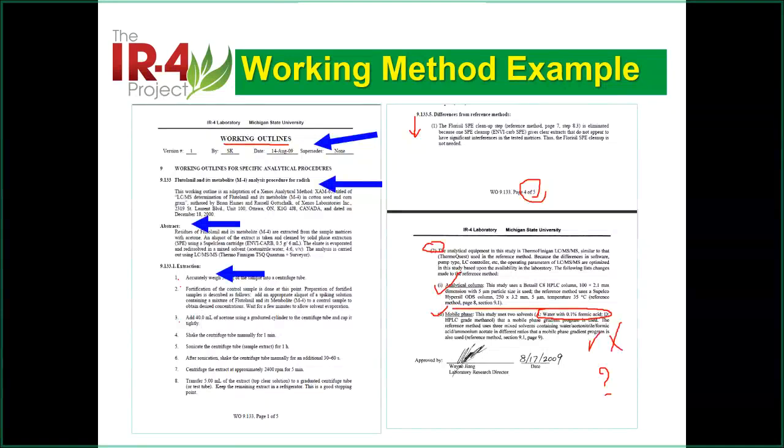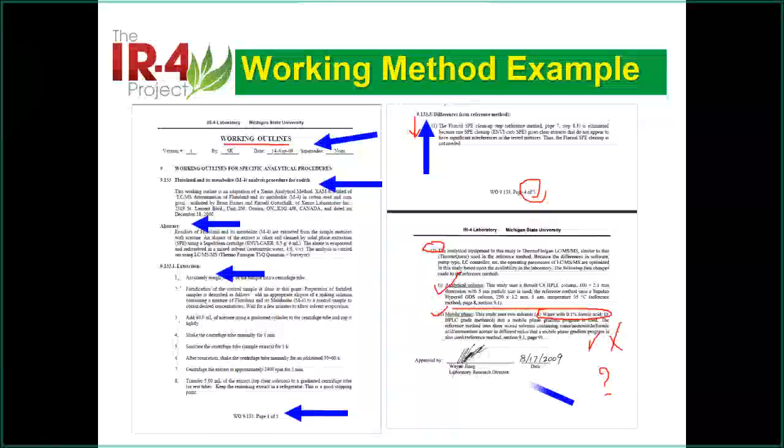So your SOPs keep adding because you have more and more methods in your lab. So we follow exactly the same format as we have in the SOP. We have all the requirements: the title, the method abstract and details, page numbers, and our signatures and dates. The only difference is we have to tell where the change is from the reference method.